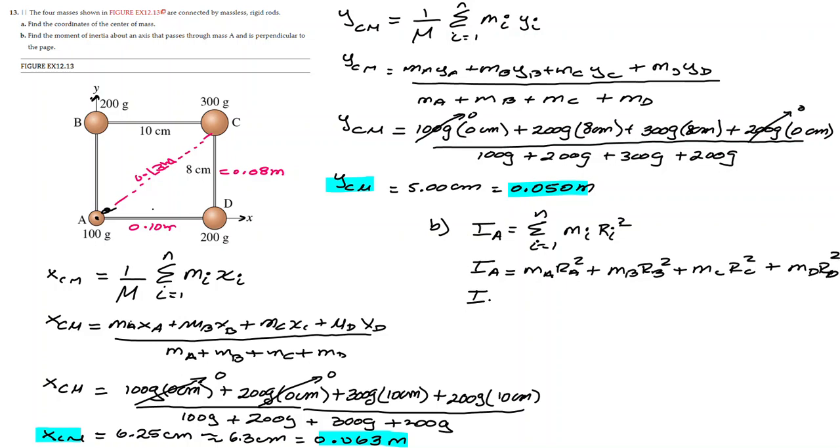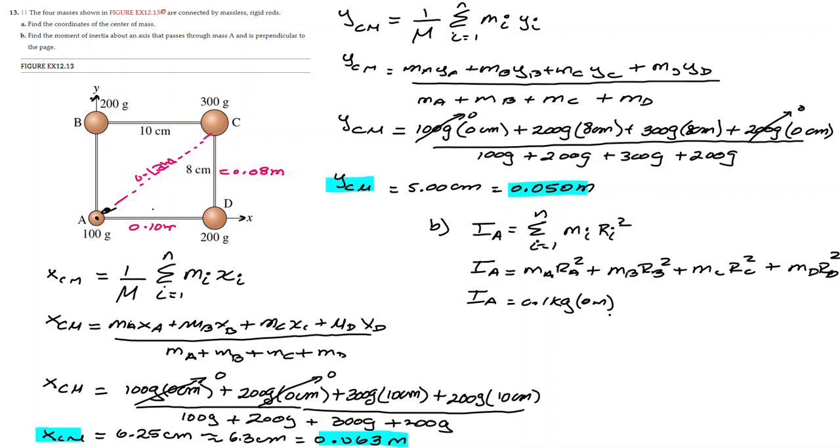So the moment of inertia with respect to A would be: mass A is 100 grams, so I will just convert that to kilograms. It's going to be 0.1 kilogram, times, I will just work in meters, the axis is passing through A, so it's 0 meters from the axis, right?